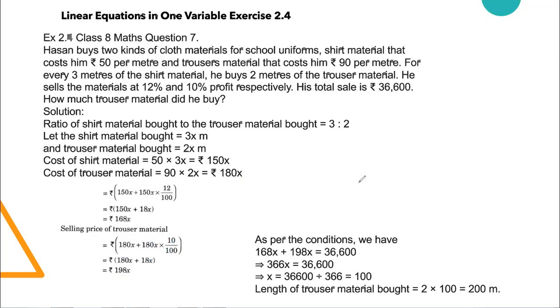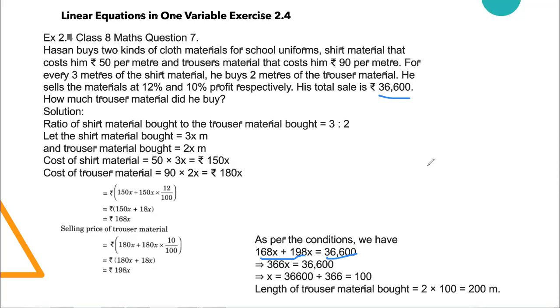So now according to these conditions, what do we know? The total sale amount was 36,600, right? So if we add up the selling prices, we get 36,600, isn't it?